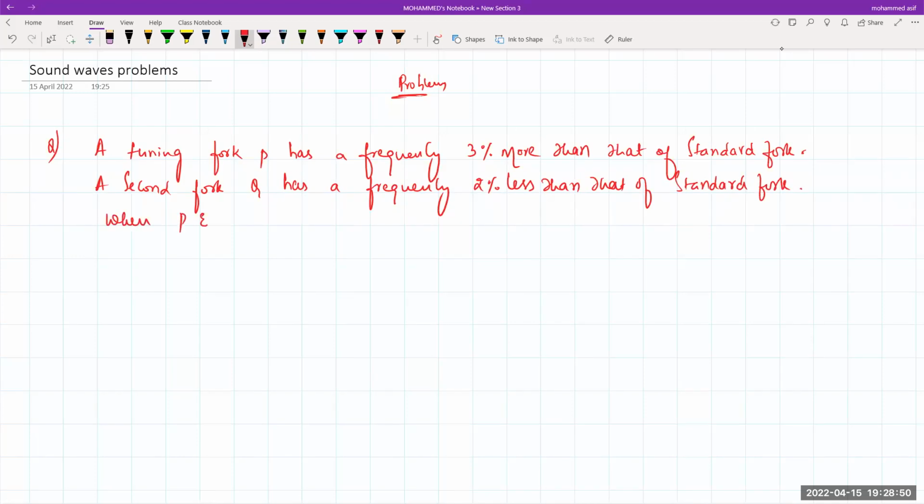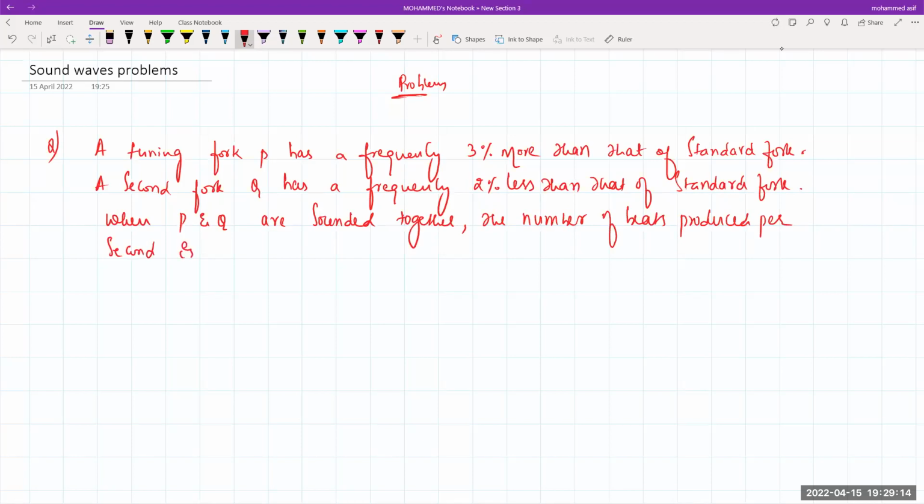When P and Q are sounded together, the number of beats produced per second is 8. The frequency of fork Q is, so try to do it.